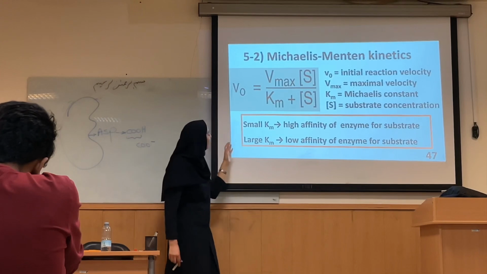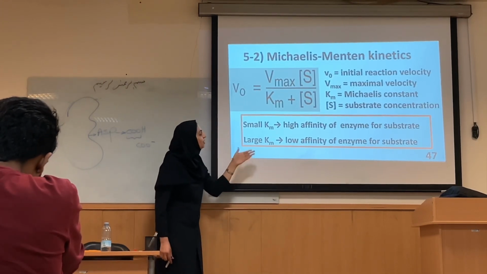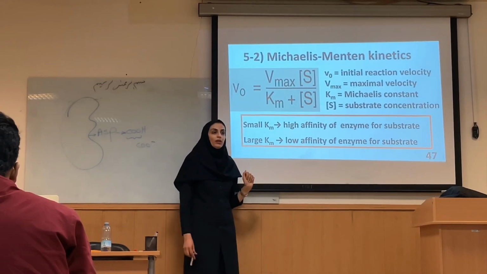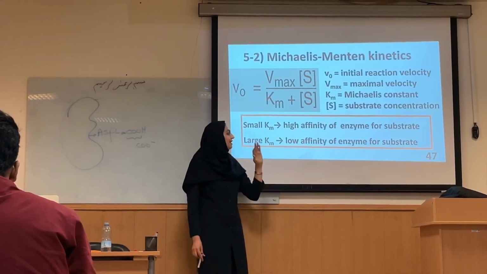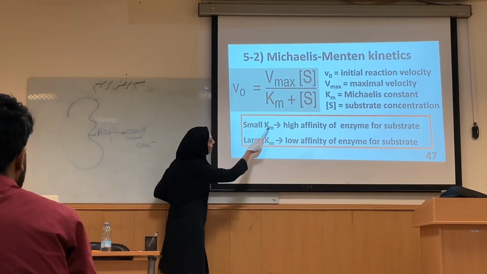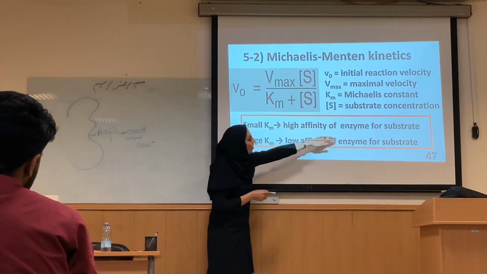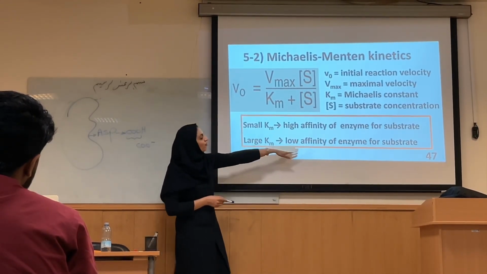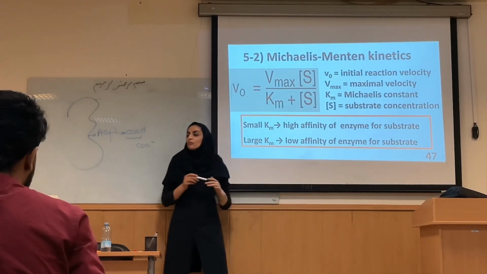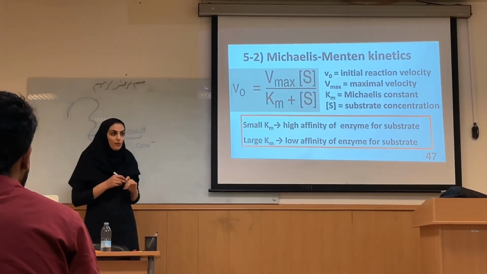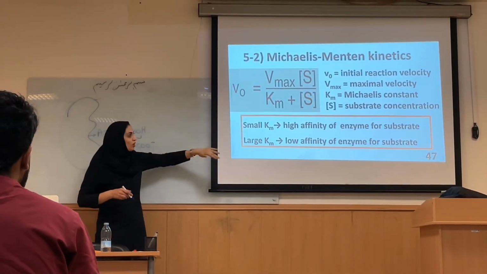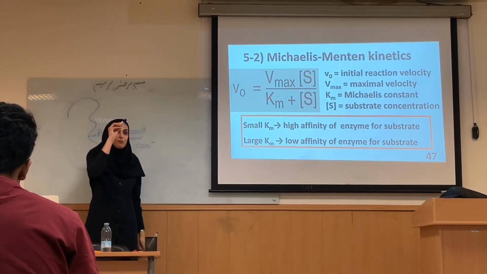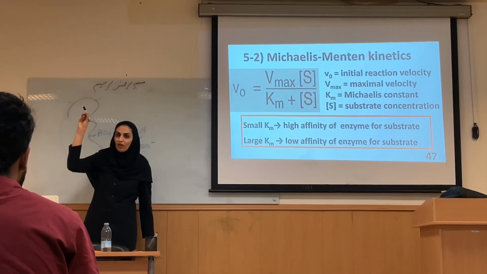And if we have a larger Km, the affinity of the enzyme for the substrate is lower. Okay? It is inverse somehow. The small Km, high affinity. The large Km, low affinity. It is necessary to memorize all of these parts for your final exam.